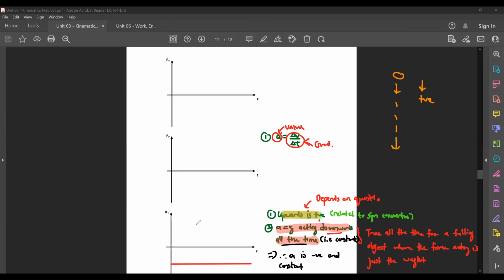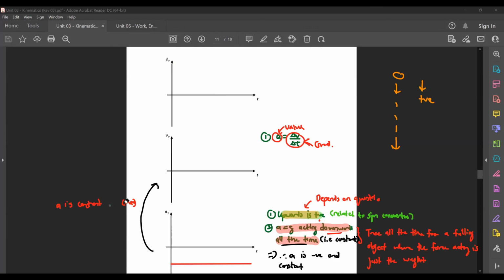Now, if you look at the previous part, one of the things you would have noticed quite clearly is that a is constant and negative.